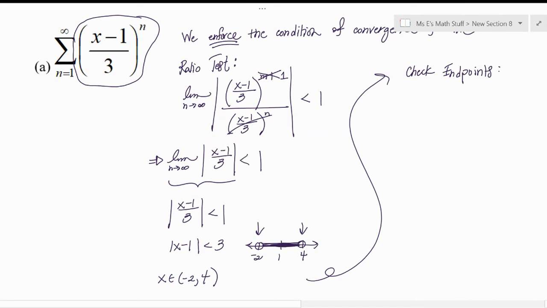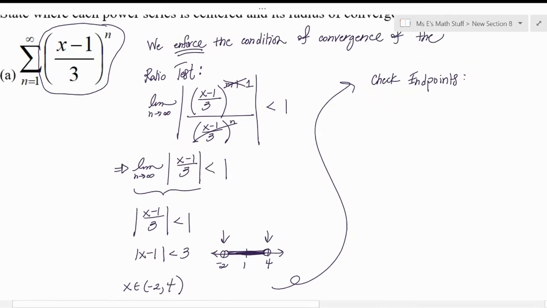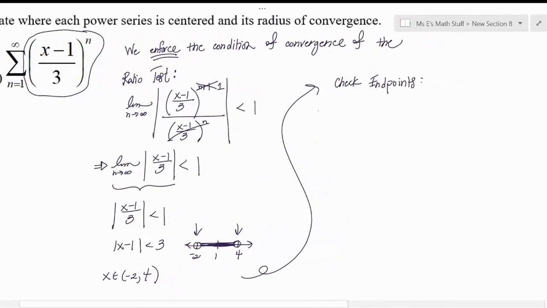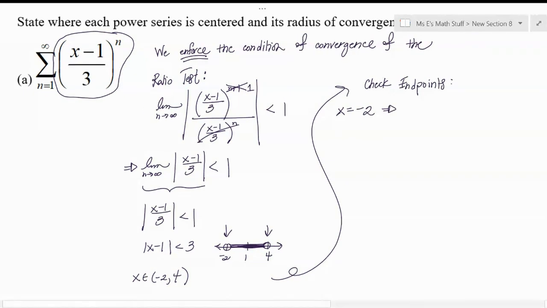I'm going to put this stuff back. So when you're doing this ratio test work, you have to check the endpoints. Here's what that looks like. What would happen if x was -2? You go back to the original problem right here and just see what happens.